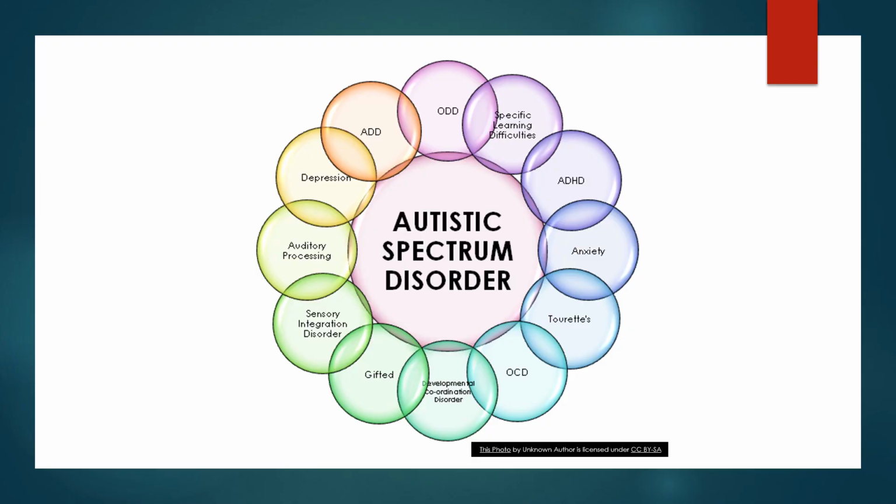Autistic spectrum disorder is either difficult to identify or they have a number of other comorbid disorders associated with it, like oppositional defiant disorder. There might be specific learning difficulties, like only with reading or with numbers.